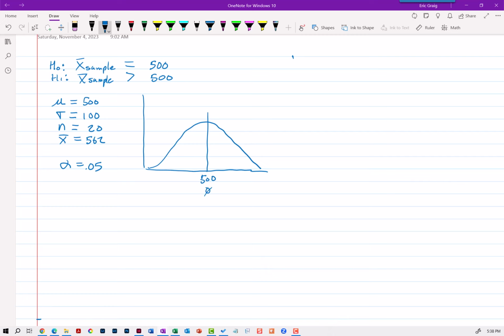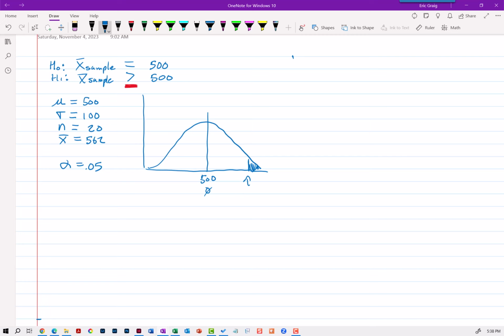This is a one-tailed test because we have this greater than sign. We're proposing that our sample score will be higher than the mean, so we're going to be out here someplace. What we're going to need to find using our calculator is what that critical value for z will be. Okay, we'll get to that in a minute.